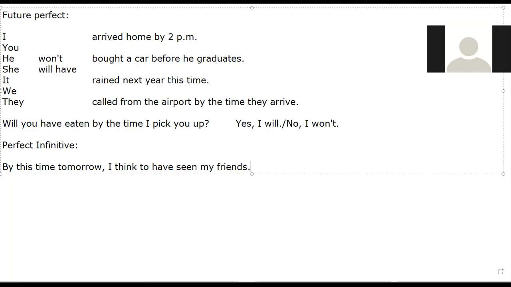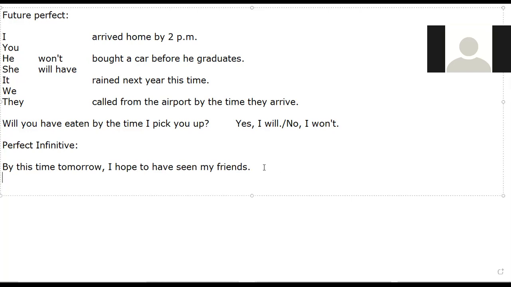Or you can use hope, think, expect, intend, plan. For example, we can eliminate think and we can use hope. I hope to have seen my friends. By this time tomorrow, I hope to have seen my friends. Yo espero haber visto, for example.